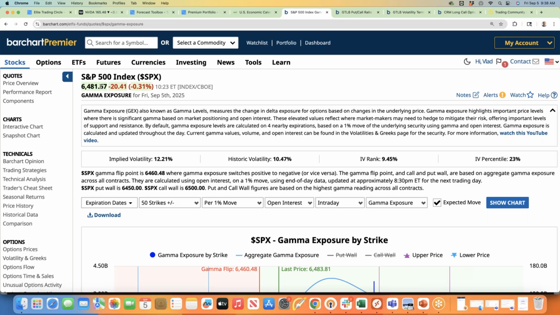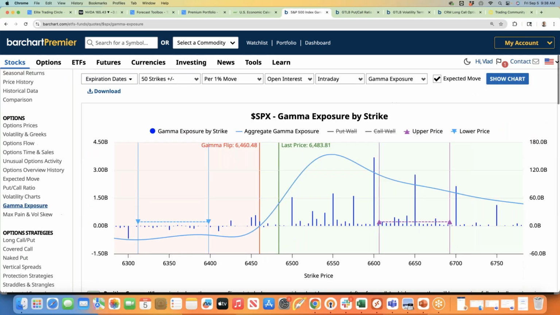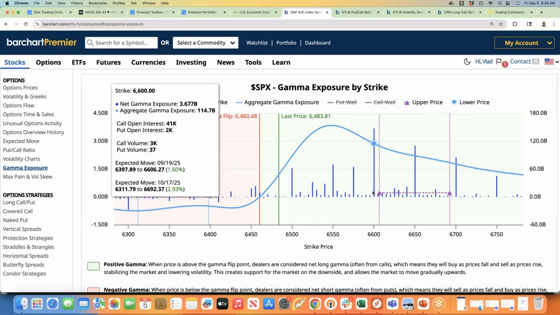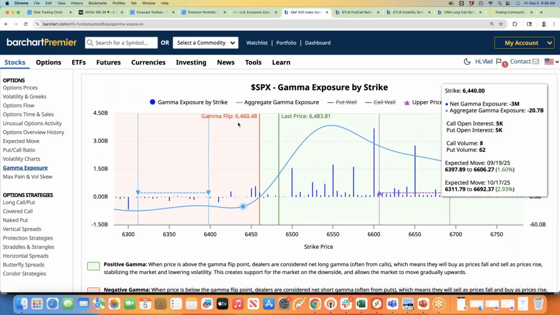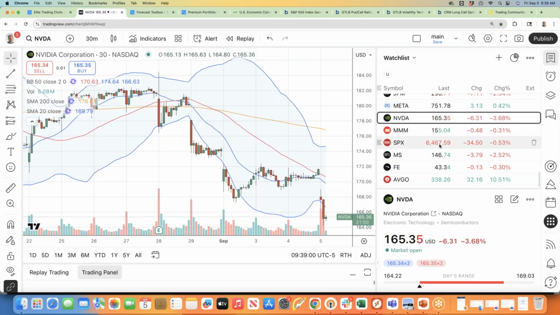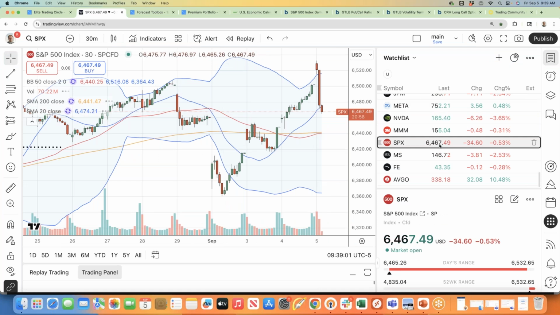We're trading at 6,480, though that may be delayed a little lower. This morning, 6,500 was support, and I said as long as we're above 6,500, bulls are in control. Now we're approaching 6,460, right at that flip point. In theory, at some point bulls will step in and drive the market higher.